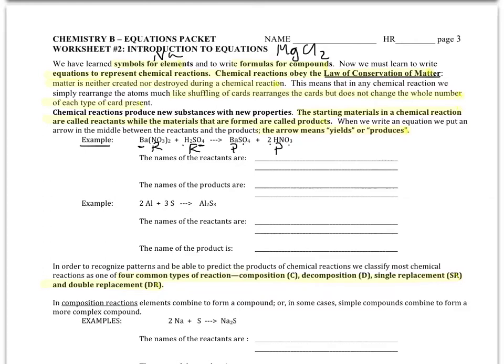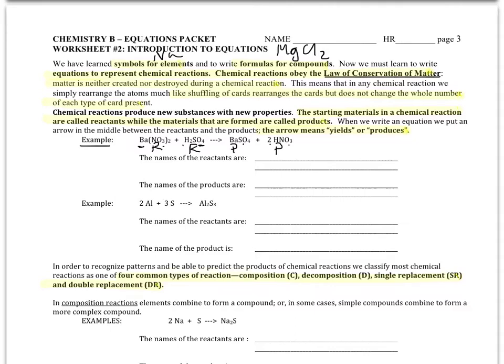NO3, nitrate, right? Well, nitrate was also a reactant. So we have not created anything. We've just rearranged, kind of like shuffling a deck of cards rearranges the cards, but doesn't change the number or type of cards present, right? Unless you're playing with somebody who's pulling one over on you.